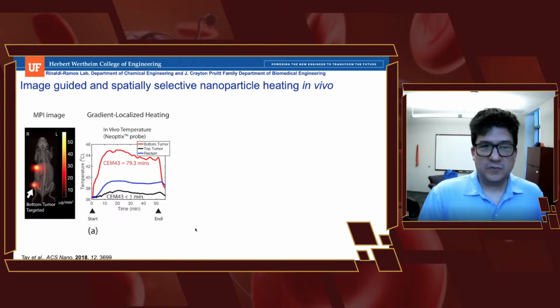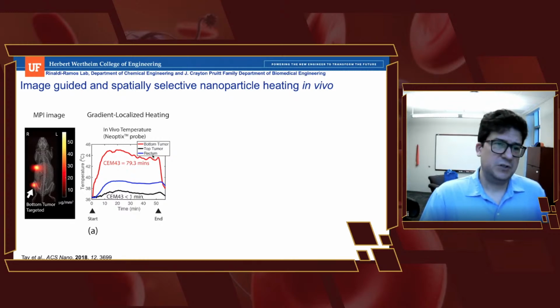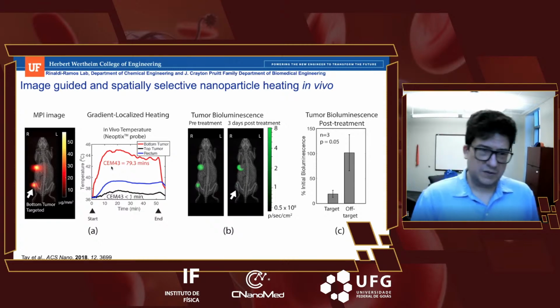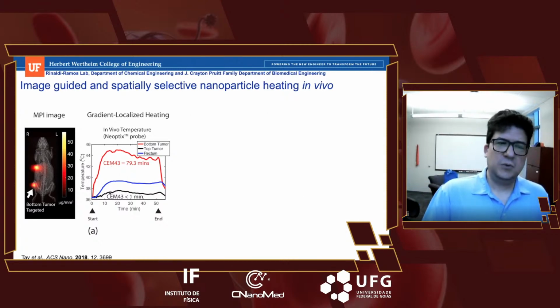This is the temperature profile as a function of time. In the bottom tumor that's being treated in red, the top tumor in black, no heating at all, and the rectal temperature to monitor body temperature. And what we see is that we were able to achieve a significant therapeutic dose of 79 cumulative equivalent minutes at 43 degrees C. But in the tumor that's not been treated, we basically don't deliver a significant dose.